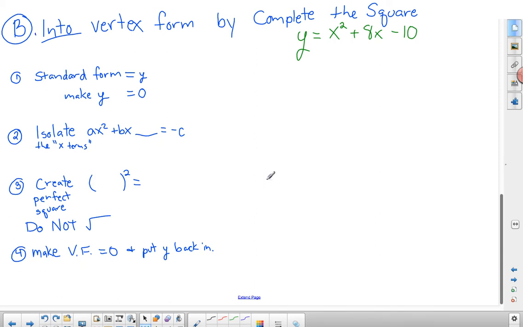So your directions say change from standard form into vertex form. Go ahead and give this problem a try.